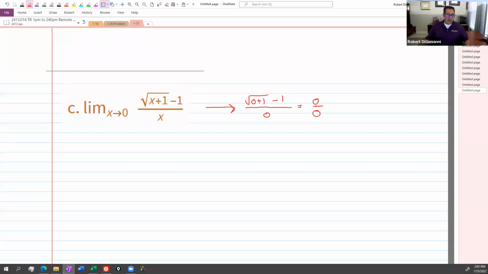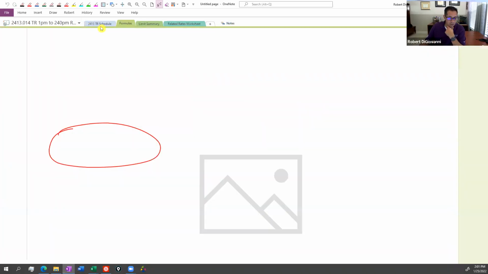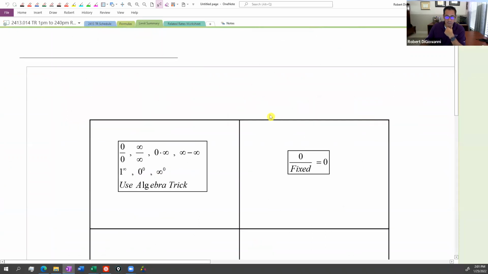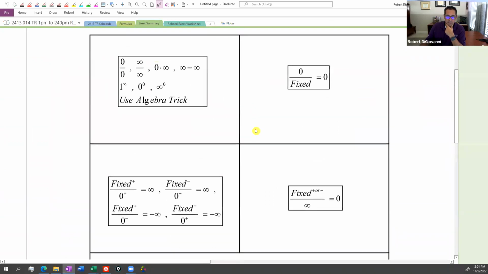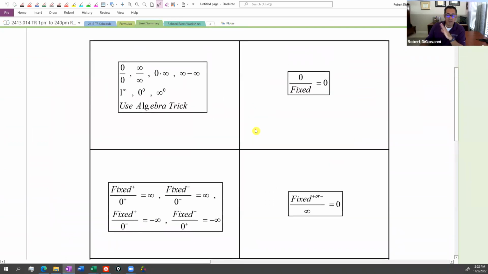That's bad. In Canvas, under course files, you are going to find this file right here. I call it the limit summary. Does that look familiar to anyone yet? Because I did put it in your files. This is basically a summary of what we're talking about today. If we ever see 0/0, what do we do? You use algebra or some trick, okay? That's where we are right now in this class.